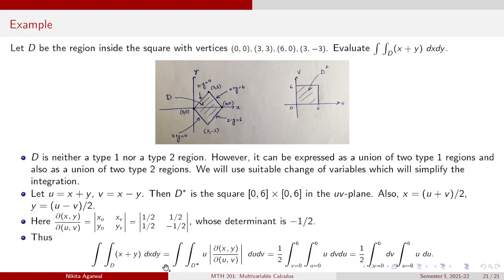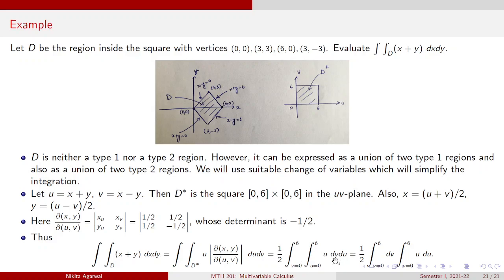You compute the integral, x plus y is equal to u. Multiply by absolute of Jacobian determinant, which in this case is absolute of minus half, which is half. Now u and v limits are both from 0 to 6. So you get this. So now I have done something here. I have split this integral into two integrals because both are constant limits, right?